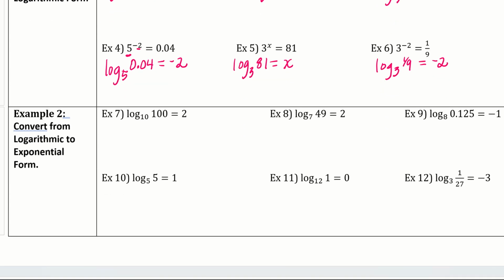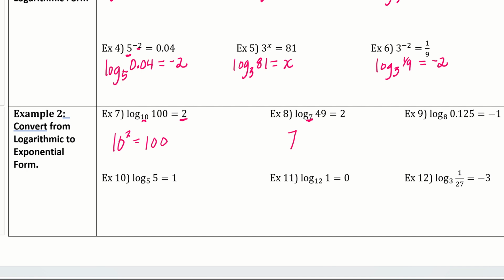Example 2, convert from logarithmic form to exponential form. So we're just going to go backwards. When I look at this, remember this first number here, this 10, was my base. My exponent was this number here. So it's 10 squared equals 100. Let me make that squared look a little bit better. Again, this is my base, log base 7.